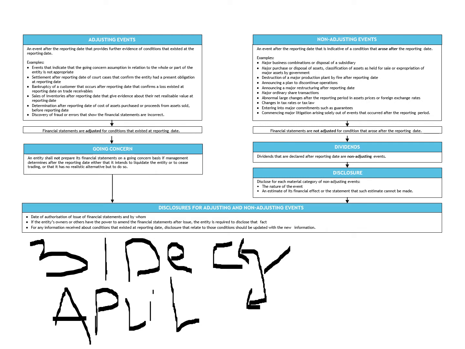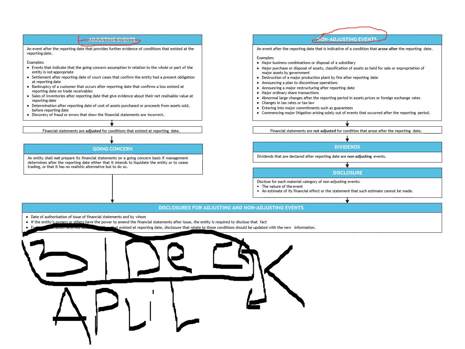We have two types of events, the adjusting ones and the non-adjusting ones. So what's the difference between the two? The difference is as follows. For adjusting events, we need to go back and adjust the figures by 31 December. So we need to book the amount related to this adjusting event and to make as well a disclosure.